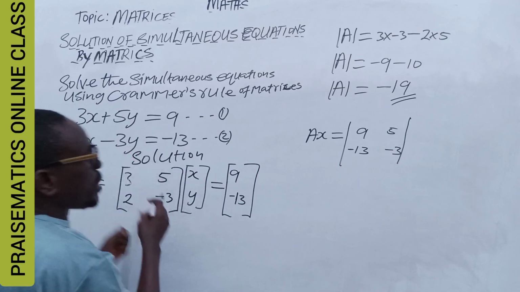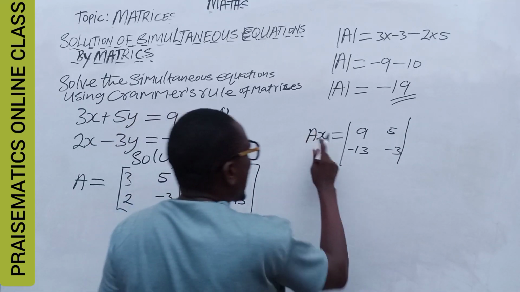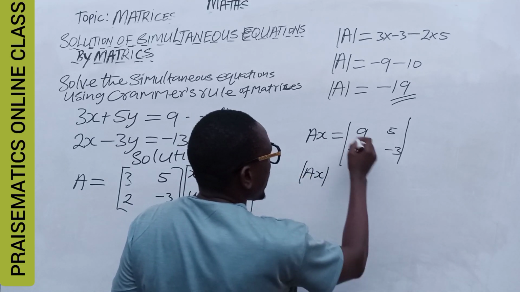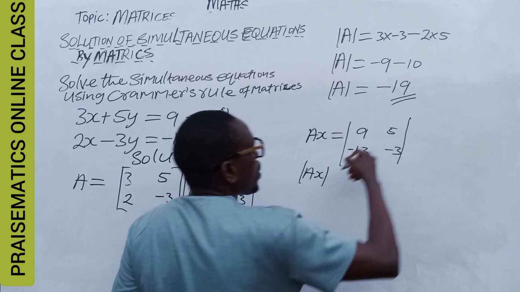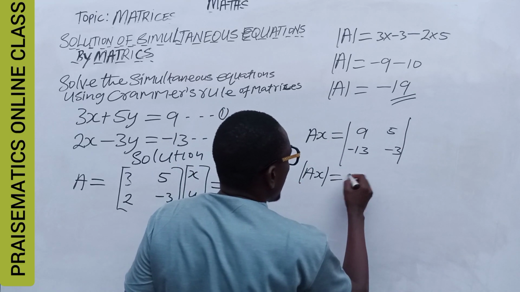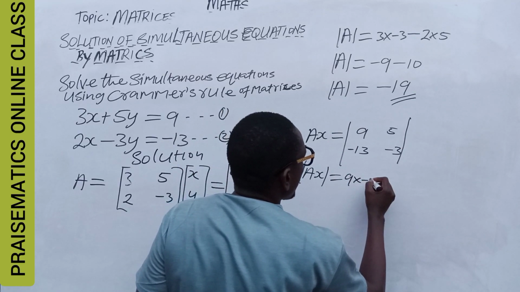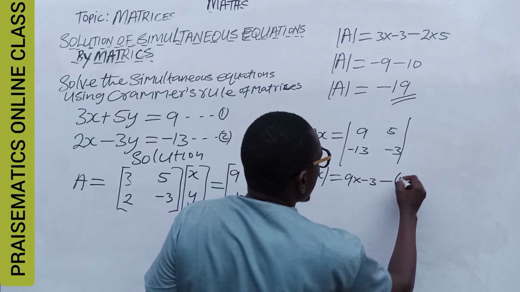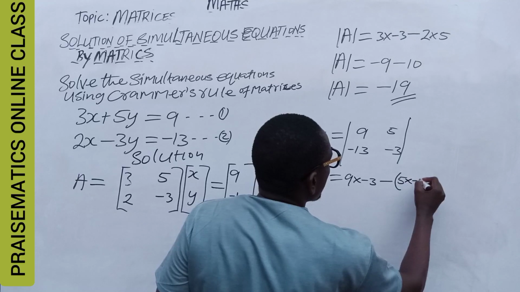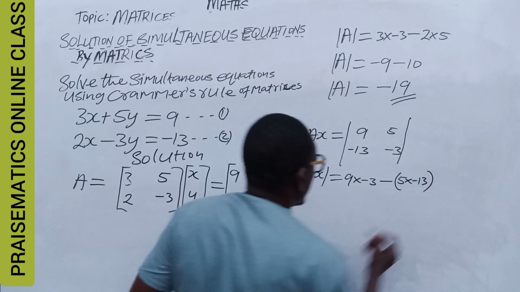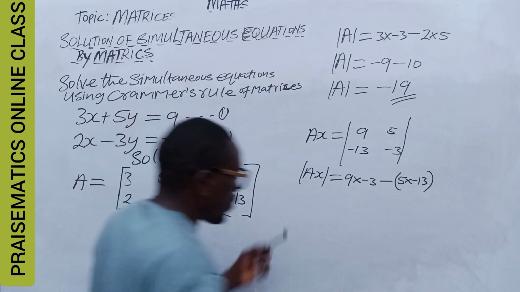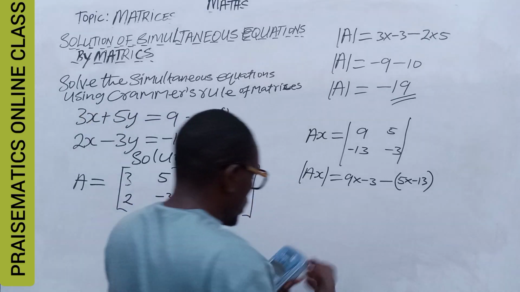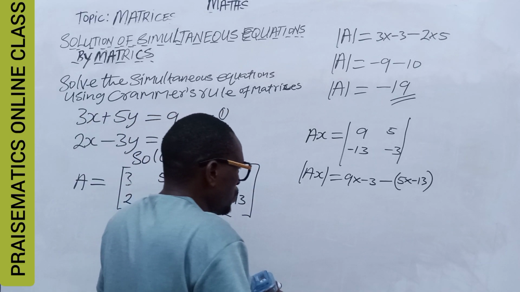Now when you do that, what do we do again? Find the AX determinant. The AX determinant is this times this minus this times this, which is 9 times -3 minus, in brackets, 5 times -13. 9 times -3 is -27. 5 times 13 is 65, so we have minus into -65. Minus times minus gives us plus, so -27 plus 65.